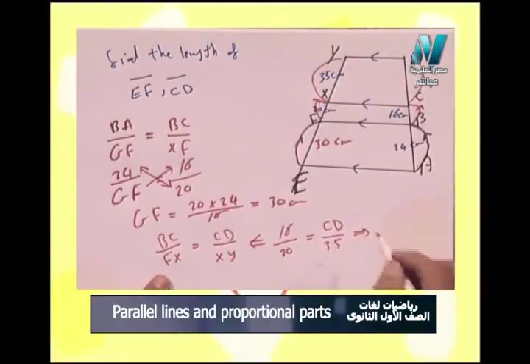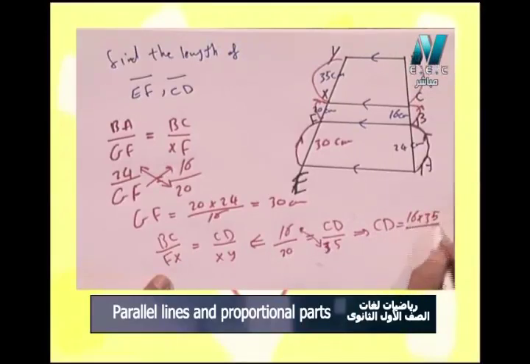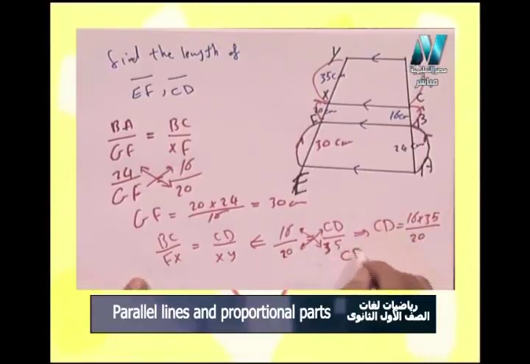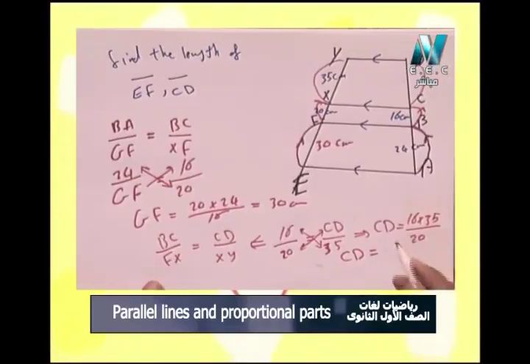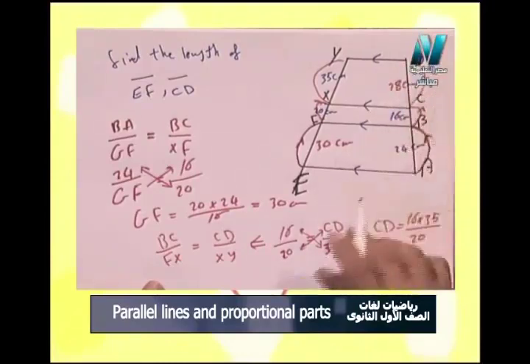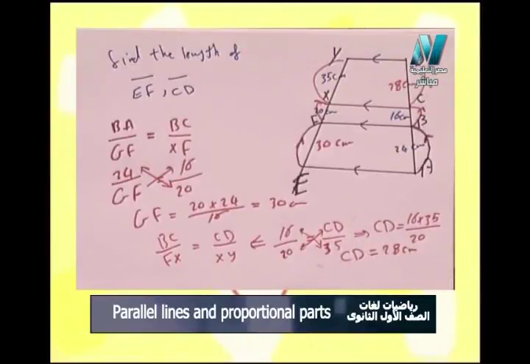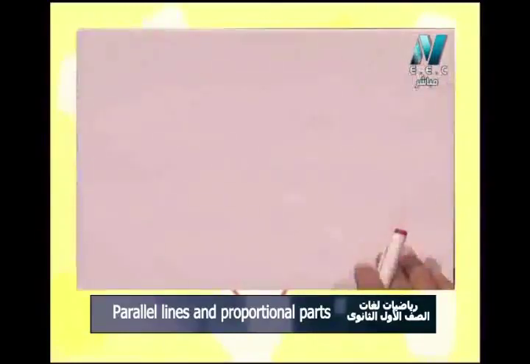Of course we can find out the length of CD will be 35 multiplied by 16 over 20. We use cross multiplication. So CD, by using your mind or using your calculator, the answer will be 28 centimeters. And we have finished this question.